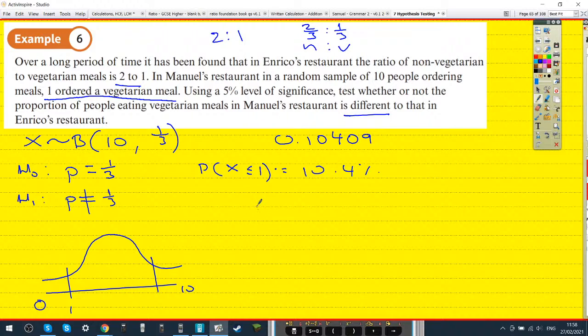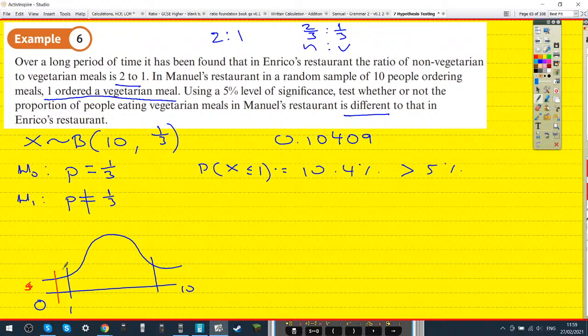Is the proportion of people eating vegetarian meals now different at the 5% level? Nope. That's greater than 5%. So the critical value is somewhere in there.